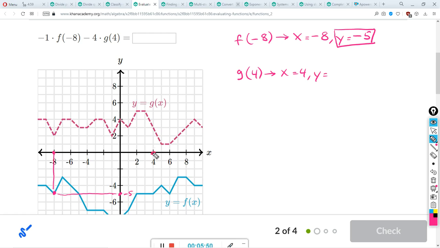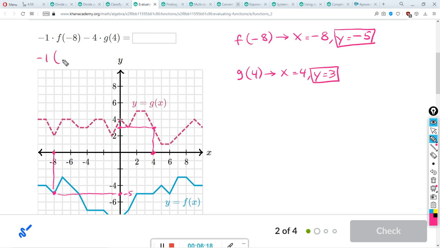Go to x equals 4, okay, and trace that to the graph of g. That's this point right here. Okay, and going to the y-axis, we're at this point right here, between 2 and 4. So that must be a 3. Okay, so f of -8 is going to be -5.